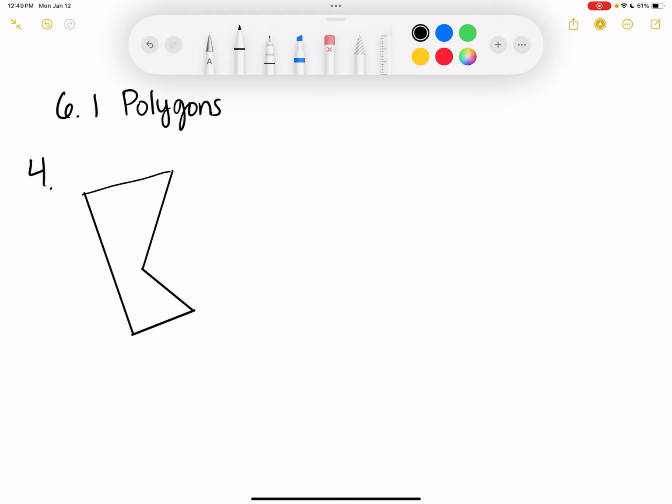So it's a polygon if it has obviously all straight sides, they are all connected, and each side only intersects 2 other sides. So is this a polygon? Yep.